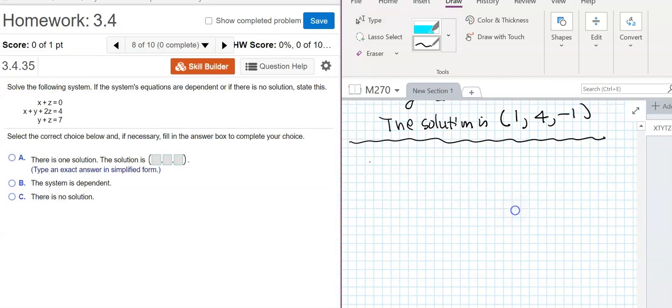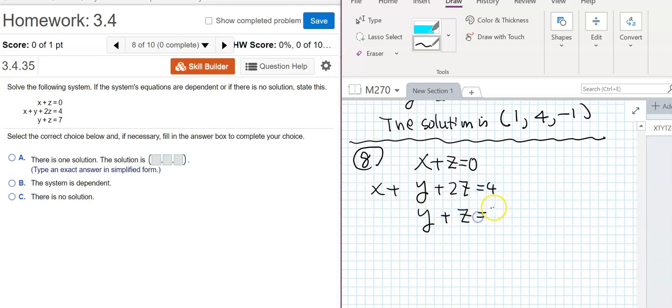So 8 is another one of those. So x plus z equals 0, and then x plus y plus 2z equals 4, and then y plus z equals 7. I'm going to tell the first one to wait a little bit because I'm going to work with 2 and 3 to eliminate y.